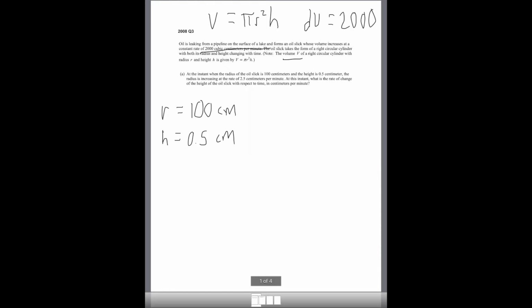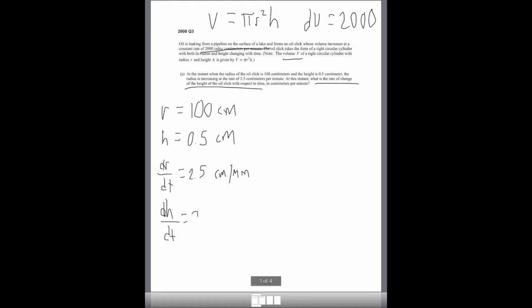It says the radius is increasing at a rate of 2.5 centimeters per minute. So dr over dt is 2.5 centimeters per minute. And it's asking us, what is the rate of change of the height with respect to time? So it's asking us, what is dh over dt?